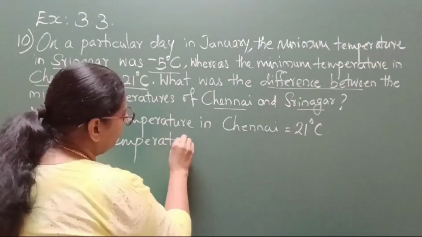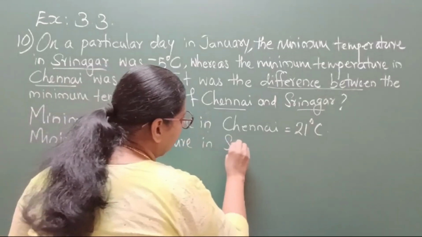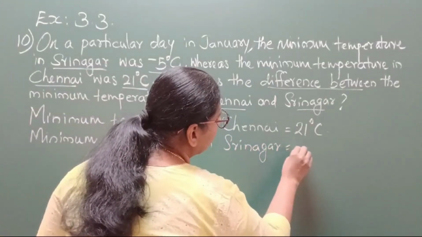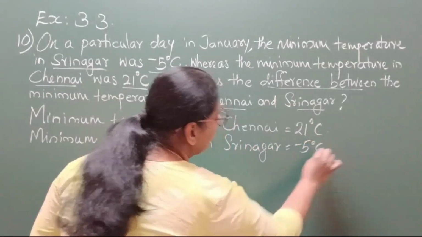Minimum temperature in Srinagar is equal to minus 5 degrees Celsius.